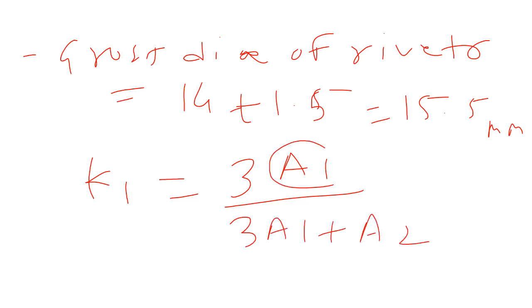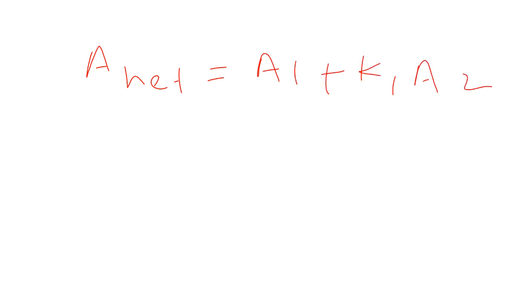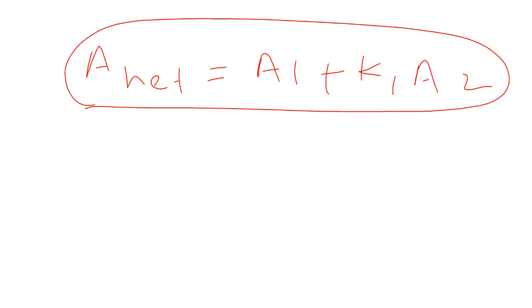A1 is for the connected leg and A2 is for the outstanding leg. If you know K1, we can find the A net, which will be equal to A1 plus K1 into A2. This is our objective: we have to find the A net to find out the strength of the member.